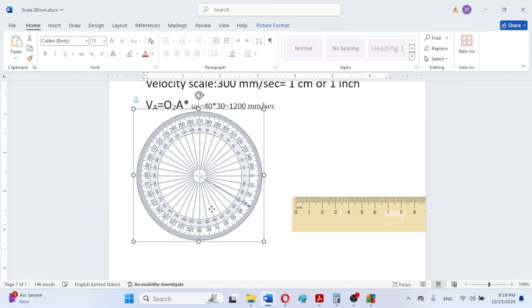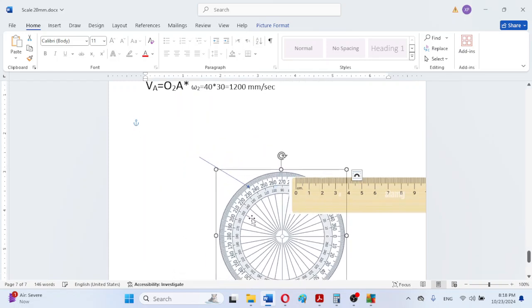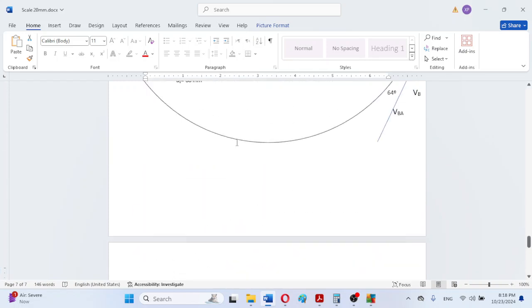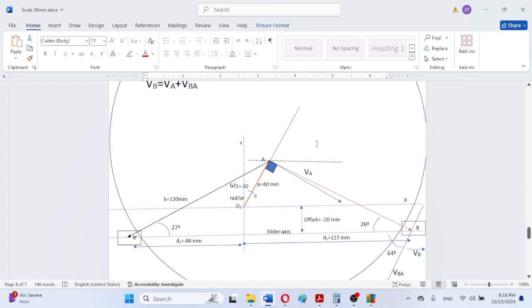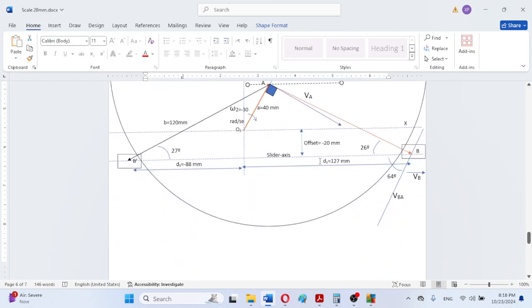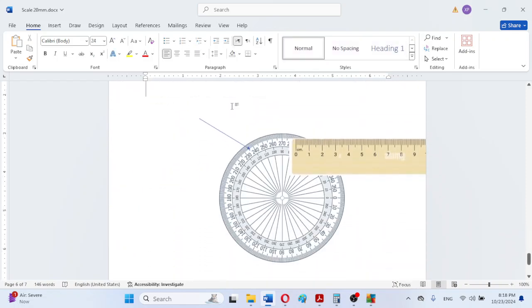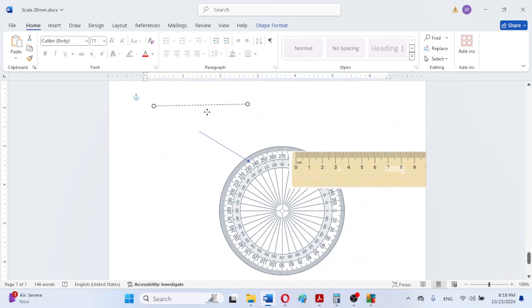Now we can first of all satisfy its orientation. We can draw the horizontal reference, or copy it from here at any suitable location, and paste it so that the protractor zero line, the 0 and 180 degree line, coincides with this line.